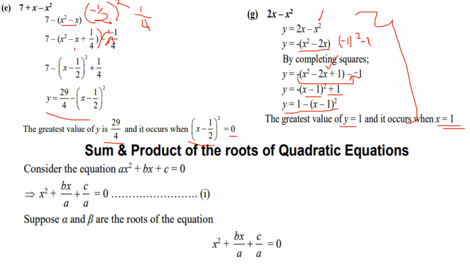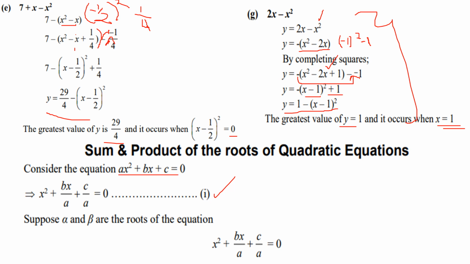So proceeding, we are going to go to the sum and product of the roots of the quadratic equations. Now this is very important. Before handling questions for sum and product, this should be your first step. As number 1, the coefficient of x squared must always be positive 1.